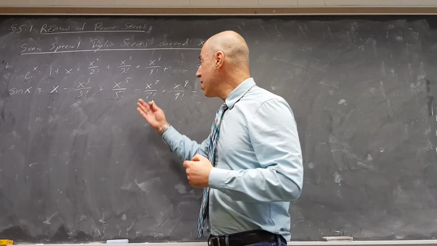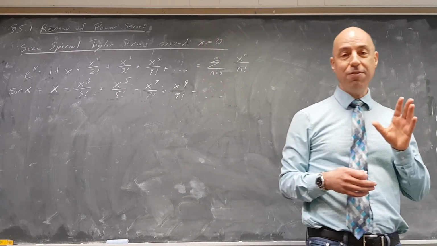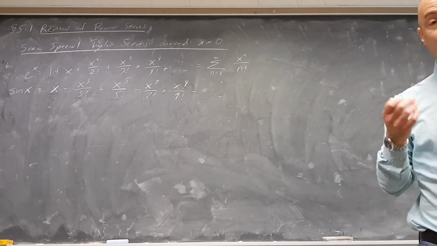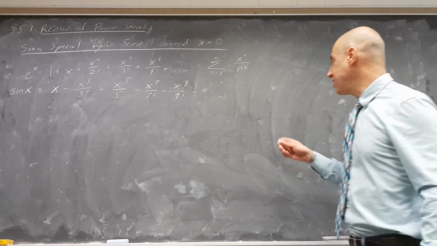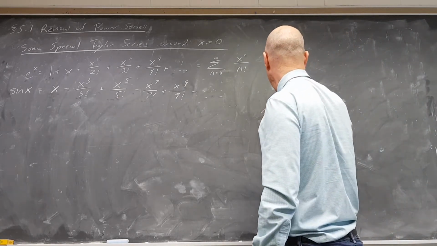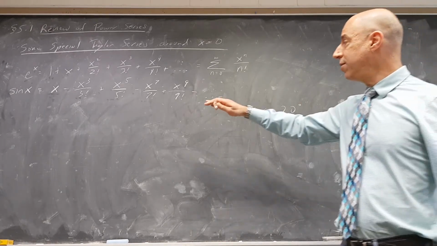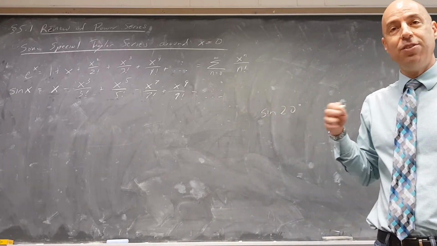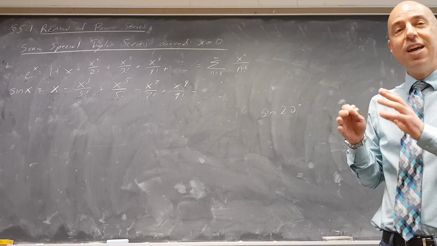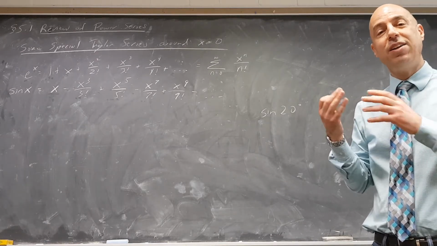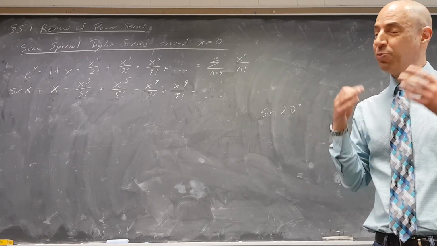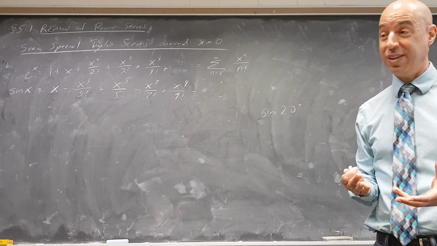Up until this point, it would have been very difficult for you to compute just with pencil and paper, say something like sine of 20 degrees. You could have done it to a certain degree of accuracy if you remembered enough about the sine and cosine sum and difference formulas, but that's a very, very clunky way of doing it.